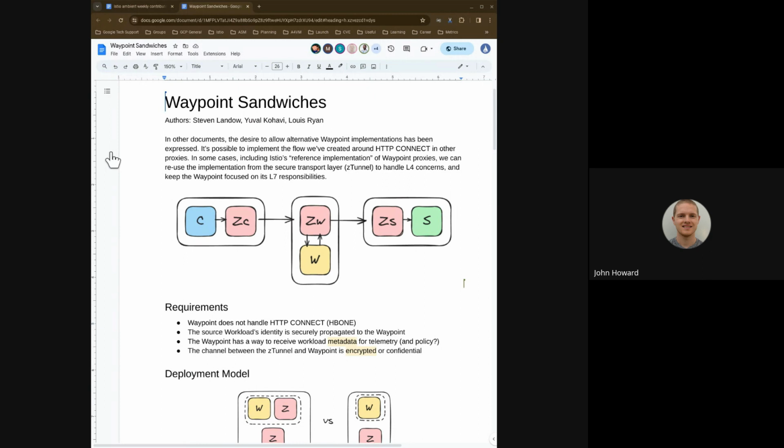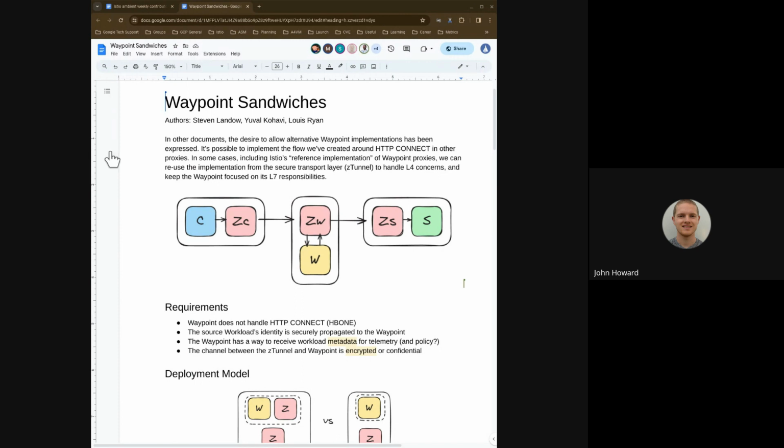Yeah, it seems like our issues about getting the metadata on this arrow, but not the client arrow, is about our use of proxy, which doesn't really make sense in this case. If we had used one of the other metadata passing mechanisms, like the metadata server, not the metadata discovery service, but like the HTTP service, or the socket option, all of those would allow the waypoint to just open up the socket and then read the metadata about the socket and not necessarily need to know about what the destination is.